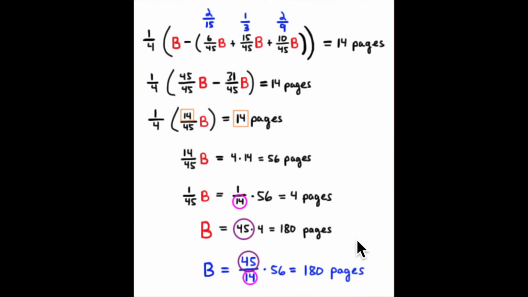Keep working at it, keep practicing, keep thinking about it. 14/45 of the book is equal to 56 pages. That means that the book is 45/14 of the 56. 56 divided by 14, and then times 45. And that equals 180 pages.